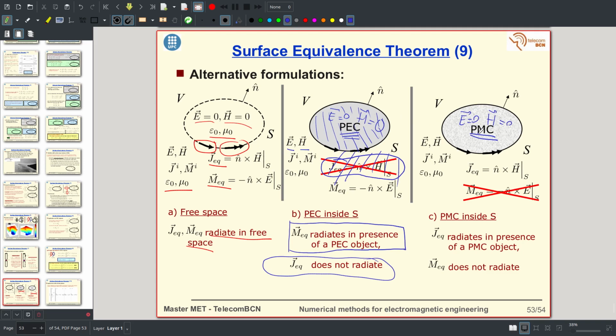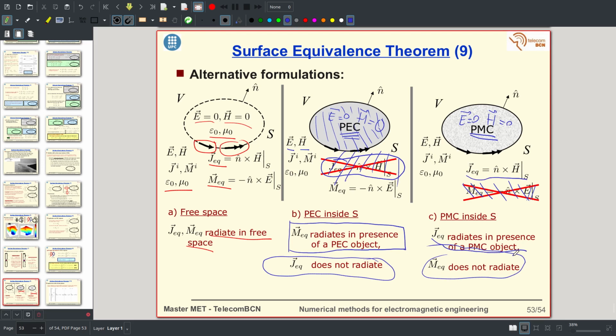So the fields are still 0. But now, according to duality, the current that does not radiate is the magnetic current, and the current that radiates is the electric current. So we have the electric current radiating in presence of a perfect magnetic conductor.